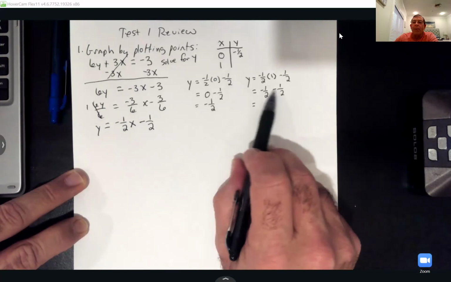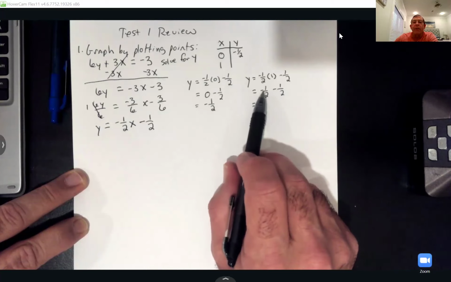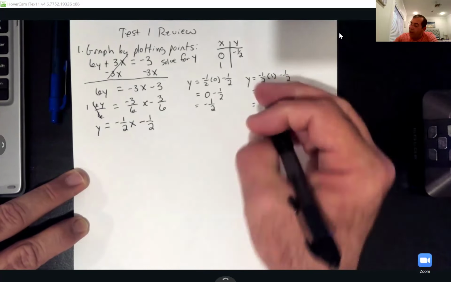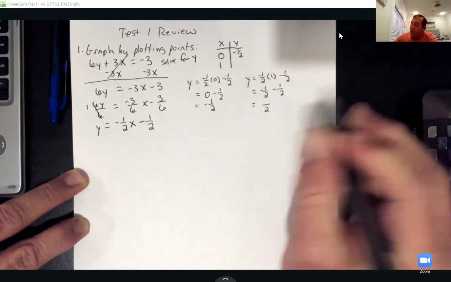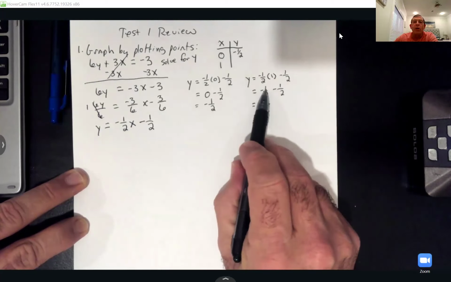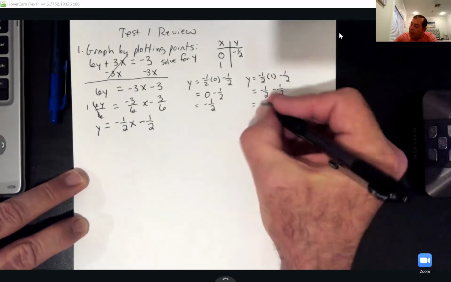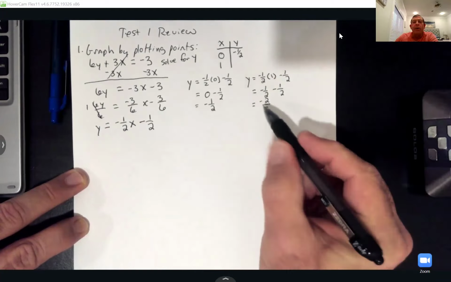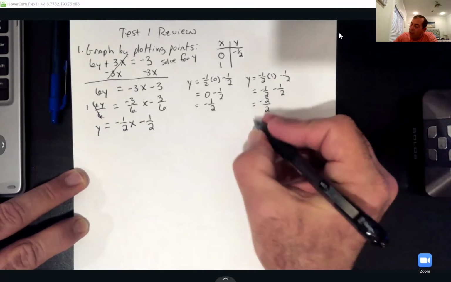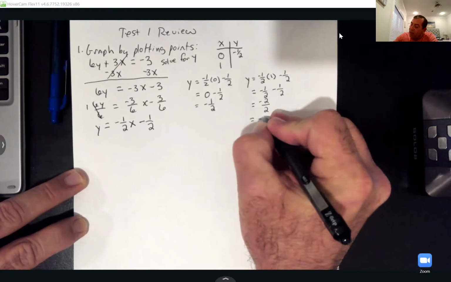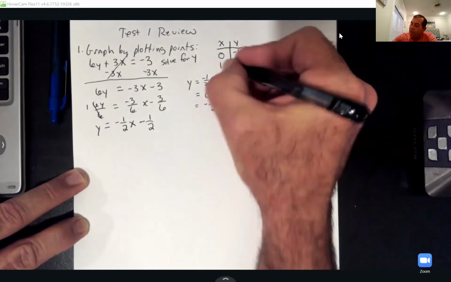So I got a common denominator, so I'm happy with this. So the bottom will stay 2 at this point. And on top, I got -1 minus 1, which will give me a -2. And that -2 divided by 2, I can reduce that to a -1.